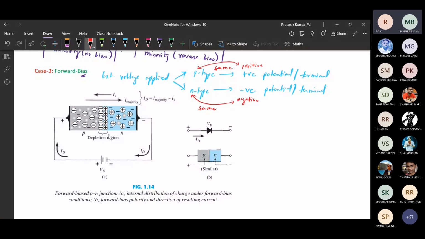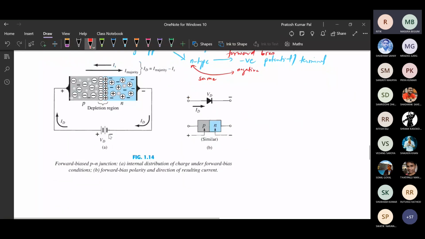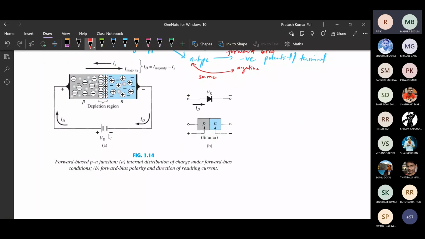That means P type is connected to the positive terminal, and N type is connected to the negative terminal, in the same direction. That's why it is called forward bias. Basically, in forward bias, once we connect this positive terminal to P type, this will be a positive terminal.